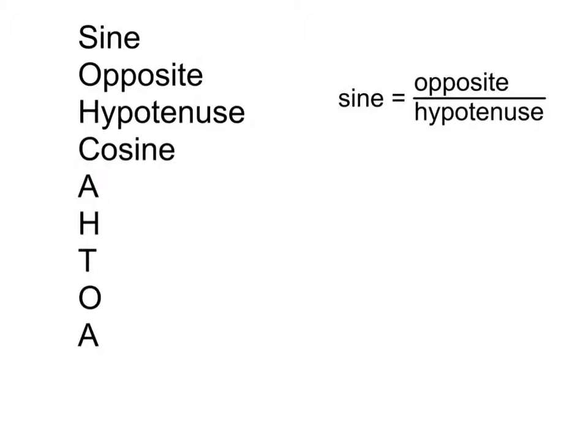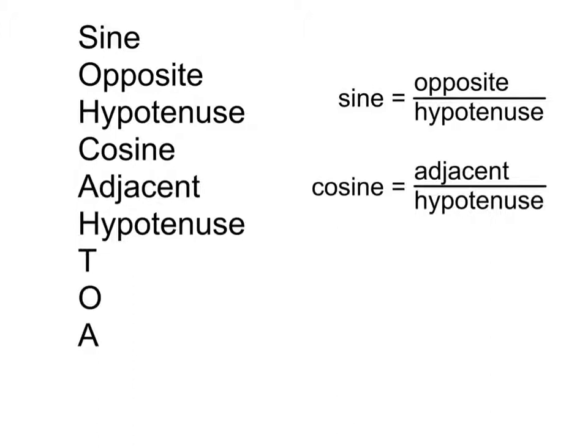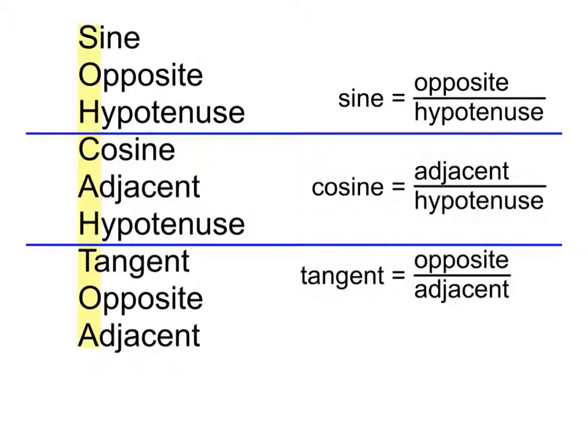It's cosine. And notice what follows cosine. AH. Cosine is adjacent over hypotenuse. And of course the T, tangent, that's got to be OA, opposite over adjacent. So SOHCAHTOA is a great way to remember the definitions of sine, cosine, and tangent.